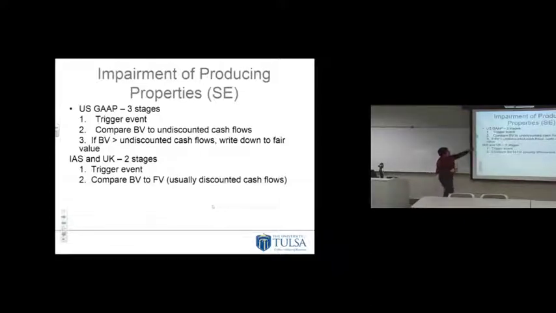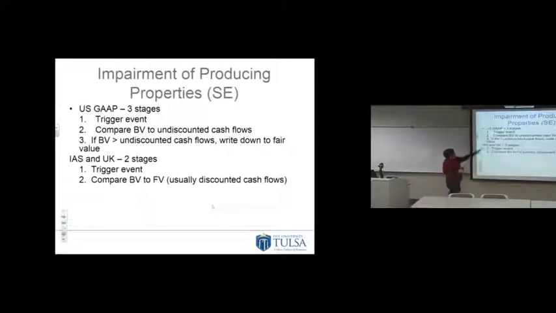And if my undiscounted cash flows are greater than book value, so I'm at least getting the book value back. Now, I'm not discounting. I'm not considering the time value of money. I'm at least getting that investment back.